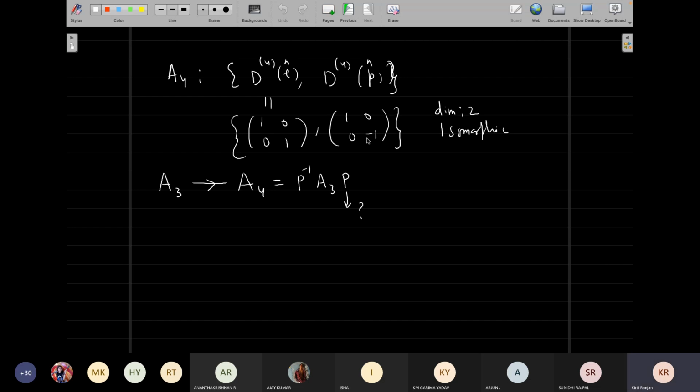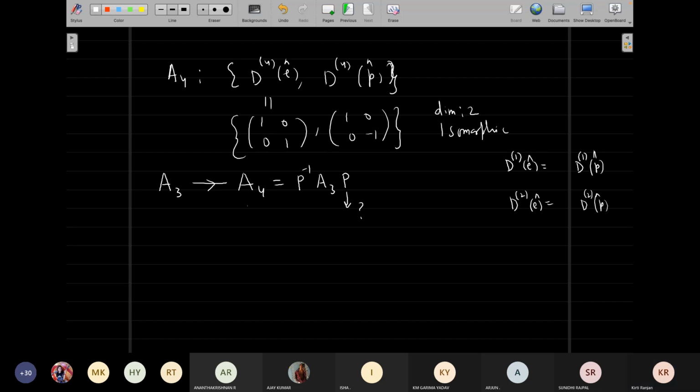So now that you have got it, there is something very interesting. Look at the structure of these two matrices, D4E and D4P. And look at the structure of what I got for my D1E, which was the even function space, and the odd function space operators.